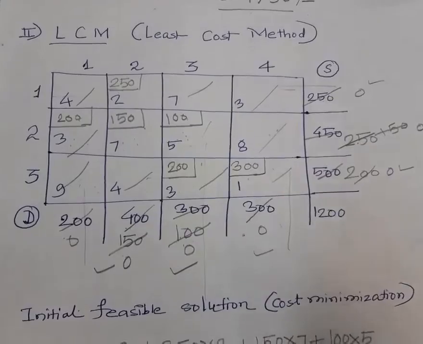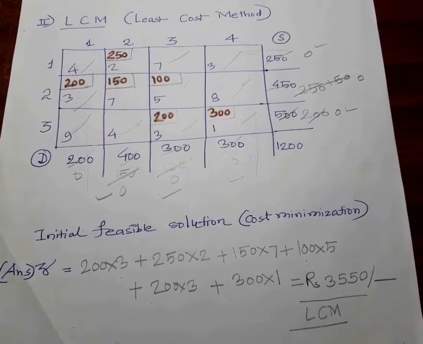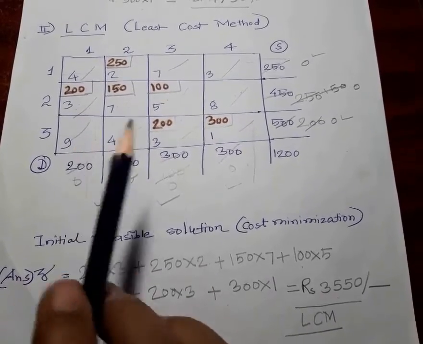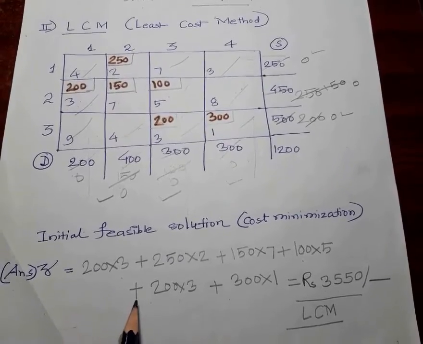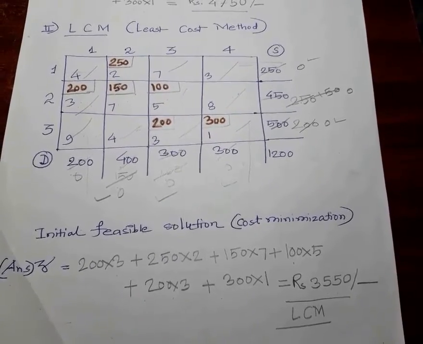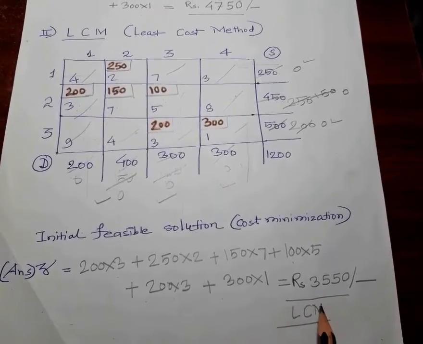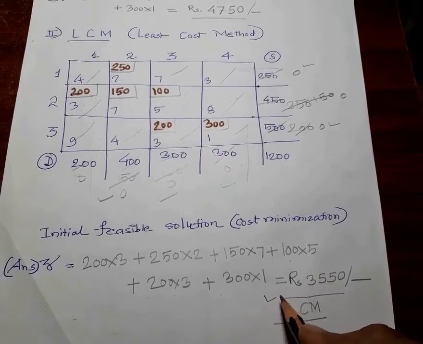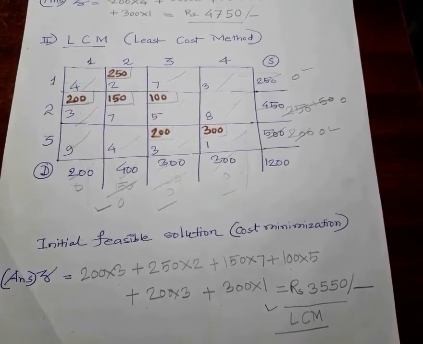Now we will see the total. From LCM we are having 6 allocations. Now the initial feasible solution will be this one. After calculation we found that rupees 3,550 will be the transportation cost from the method LCM.